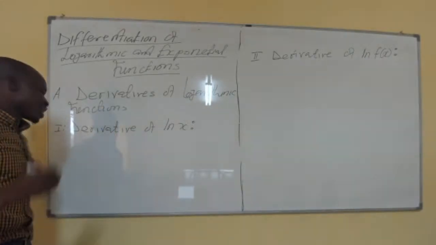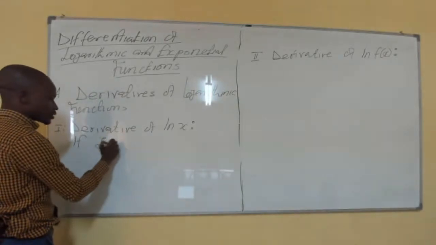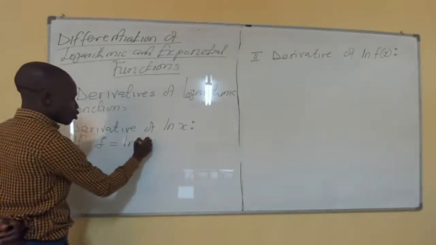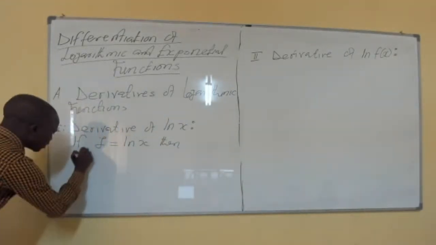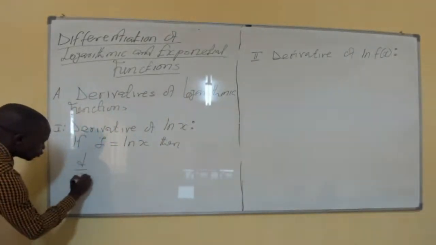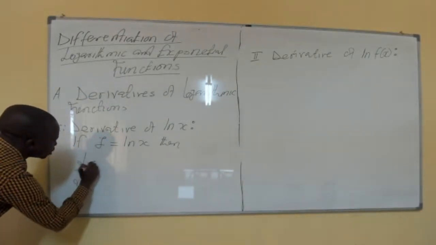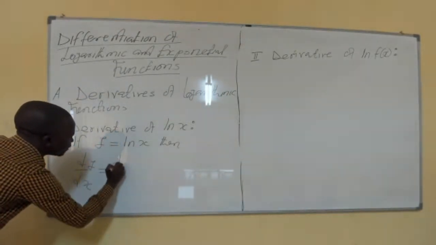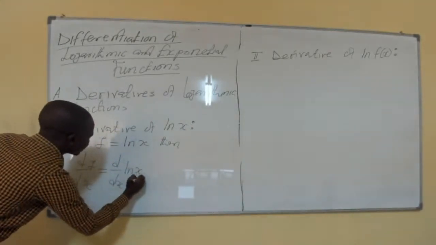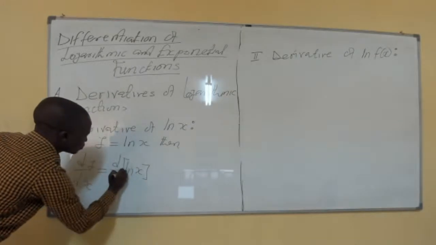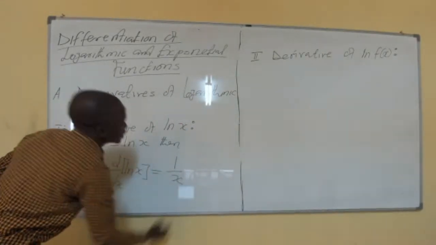So now we are saying if your function y is equal to ln of x, then the derivative with respect to x of y, which is equal to the derivative with respect to x of ln of x, is equal to 1 over x.